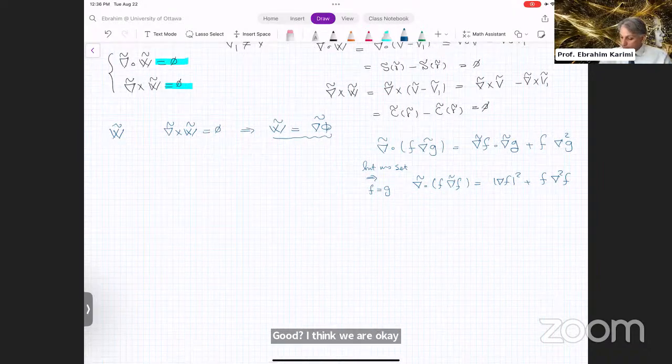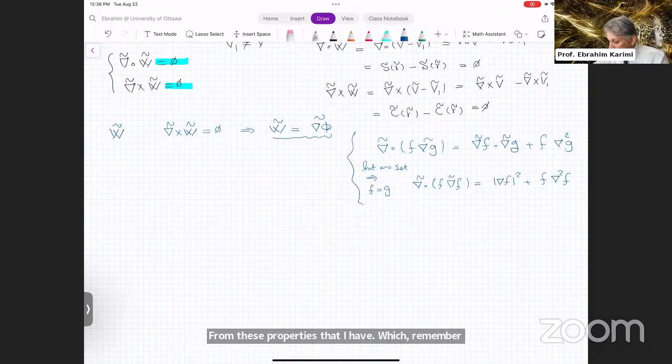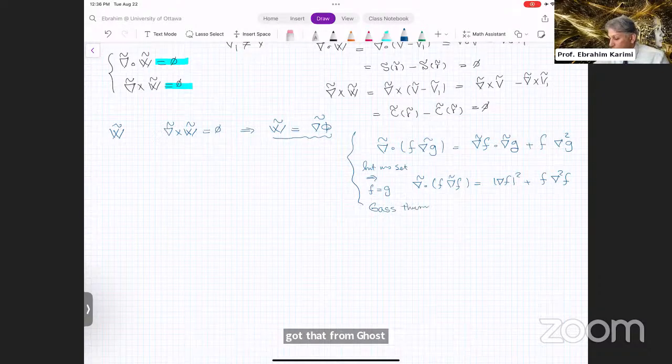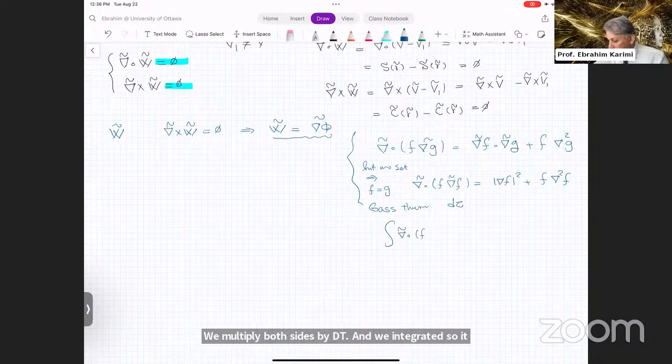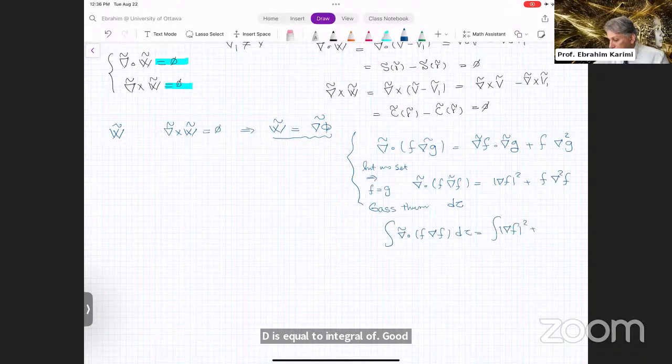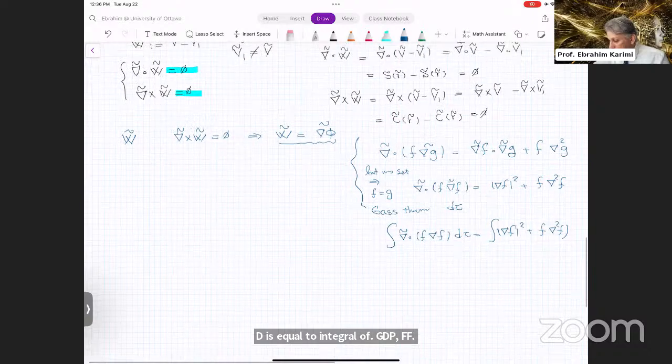Now, these are properties that we got from the Gauss theorem. We multiplied both sides by d tau, and we integrated. So it was the integral of divergence of F gradient of F d tau is equal to the integral of gradient of F to the power of 2 plus F Laplacian of F d tau.